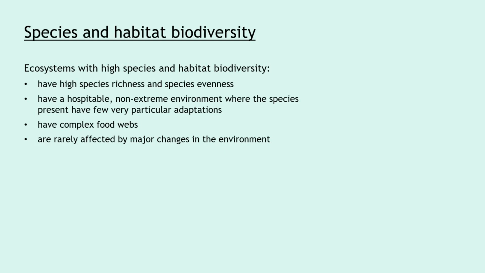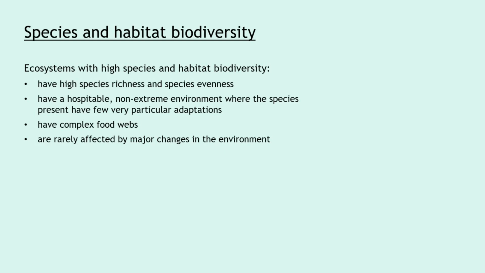If you remove this one brick, this one species, then everybody else can still withstand this change because of all the cement, because of the large number of bricks that form this wall. Whilst if we're looking at an ecosystem with low biodiversity, then this wall will have fewer bricks and less cement. And so if you remove one brick from the wall, then it collapses completely. That's the analogy that we can use there.